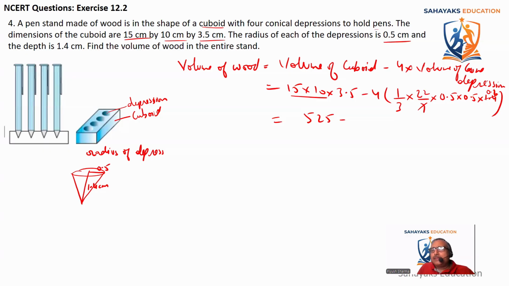Now compute the entire thing. It is 22 divided by 3 multiplied by 0.5 multiplied by 0.5.